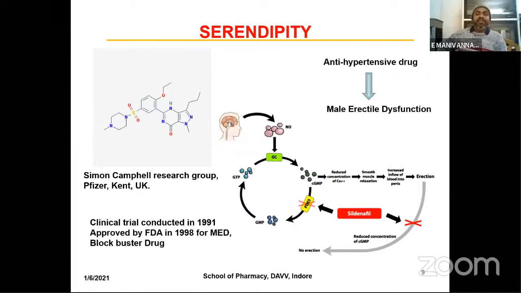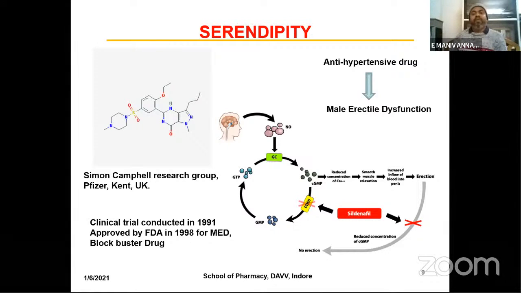that is sildenafil citrate. When this sildenafil citrate was pushed into clinical trials after preclinical trials, in clinical trial 1 and clinical trial 2 the results were a disaster at the time. Even though the drug showed better efficacy in preclinical studies, it was not shown in humans. The phase 1 and phase 2 clinical trials were showing disappointment.